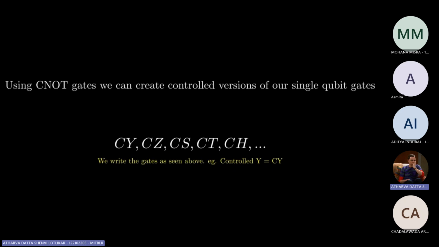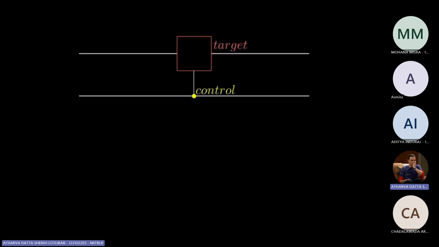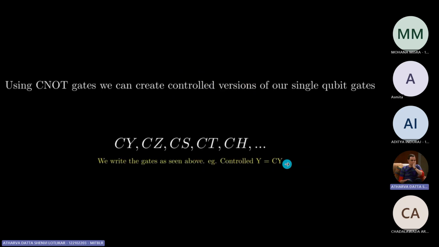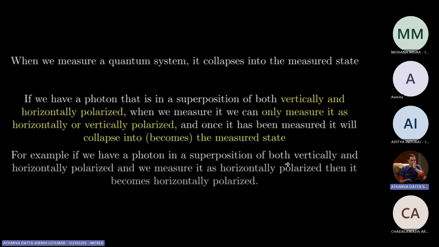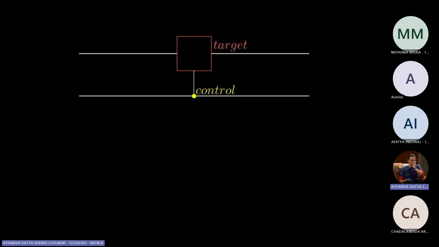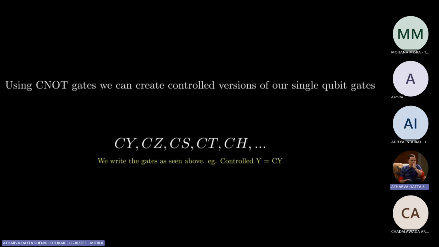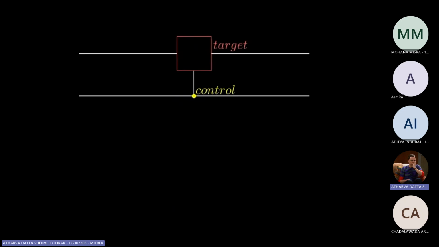So this is the whole concept about control gates when it comes to multiple qubits. Controlled Y is written as CY. So that's like one concept. I think that's the whole fundamentals about quantum gates, single bit and multi-bit, and their application, which is your quantum circuits.